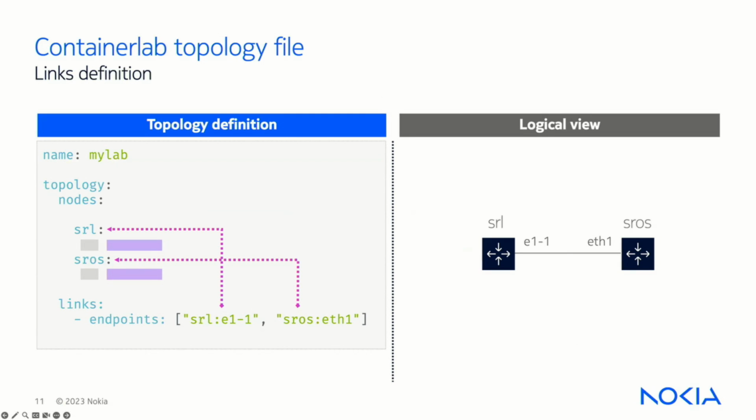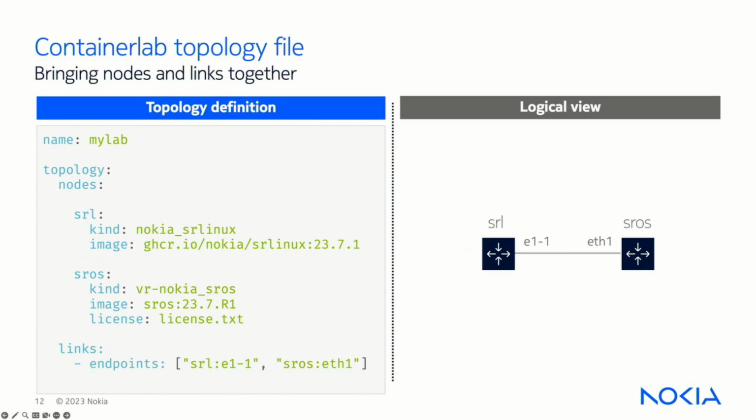So what Containerlab will do is create a virtual link between the two nodes, and it will use the interfaces that you declaratively defined in the topology definition file. The virtual link itself is a virtual Ethernet pair, so it will pass all your layer 2 protocols like LACP and LLDP, and everything will flow just nicely.